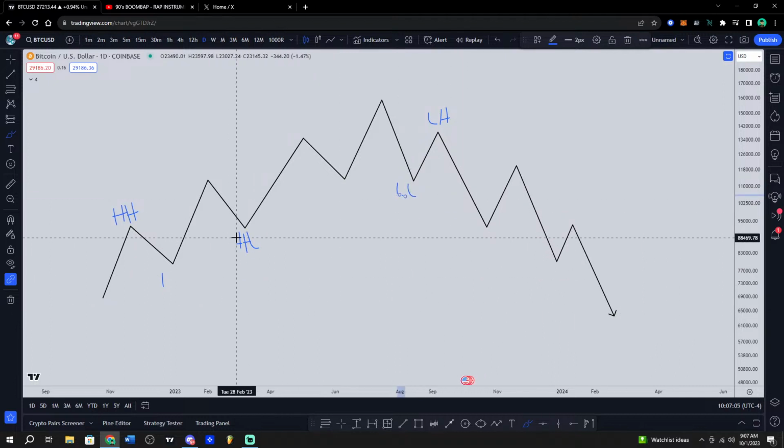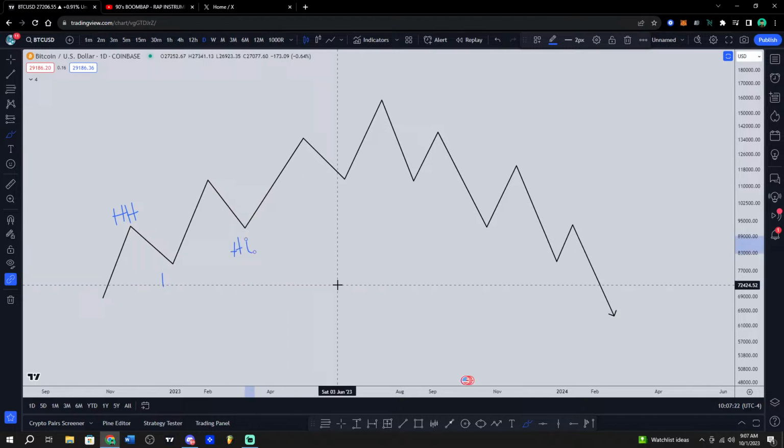Excuse the drawings on here. This is a higher low.